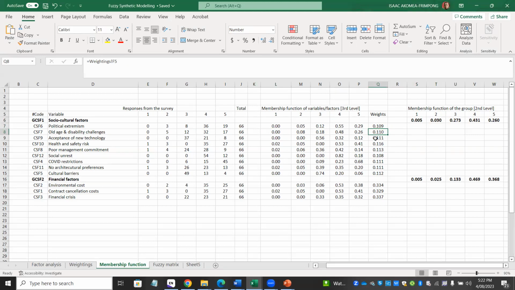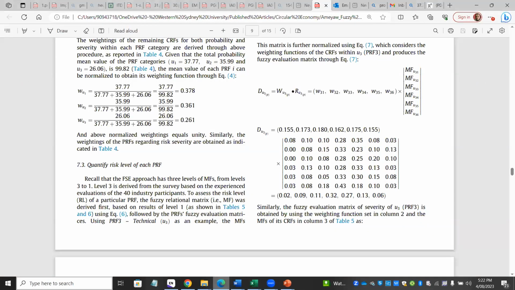You multiply the membership function by the weight, then you add, and you add everything to give you this. So you have to add so many things. That's the same thing that has been done. For example, 0.155 times 0.08 plus 0.173 times 0.00 plus 0.18 times 0.00 plus 0.162 plus 0.03 plus 0.175. You add.